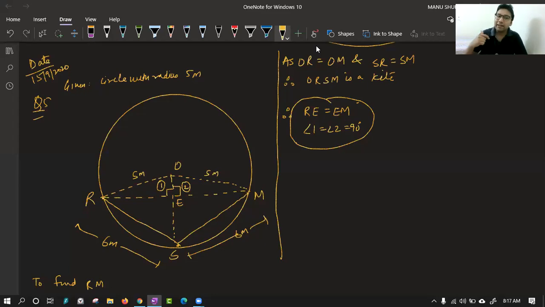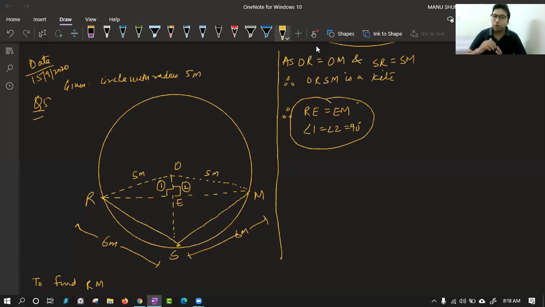Yes. And the same area can be utilized now to find RE. The same area can be utilized to find RE, which is a height on the base OS. What do you say, class? Class, the same area which we found using Heron's formula can help us to find RE. So simple.